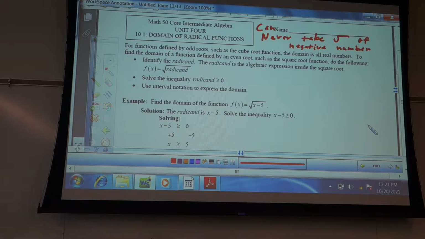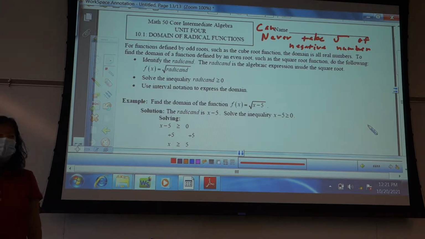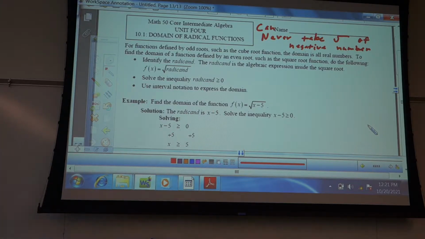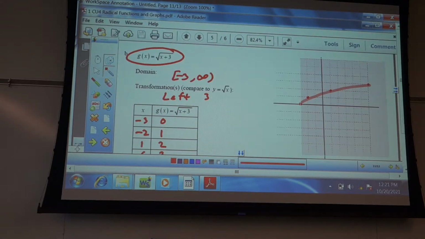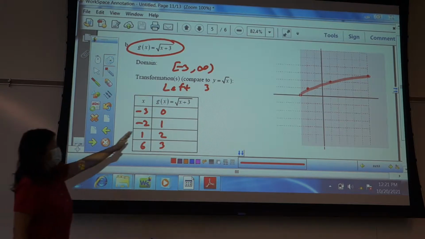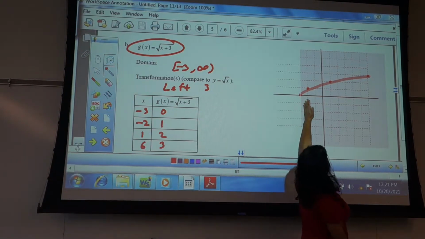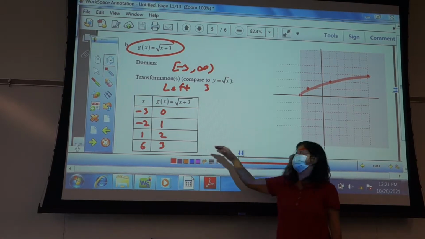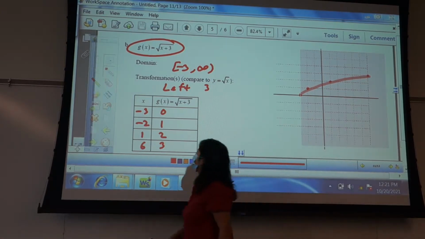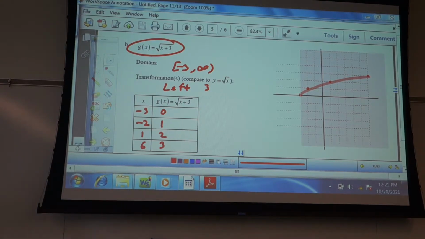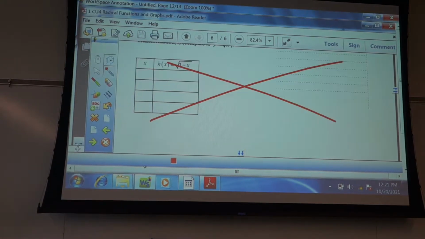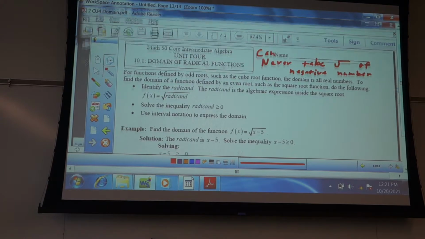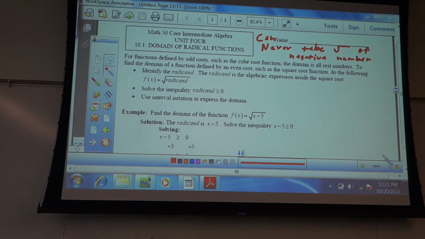Because remember our graph, it was all real numbers. Do you remember the domain and range? Look back at what we just did a little bit ago. You'll see my domain only goes this way, positive infinity. It does not go to negative infinity. So what that means is that you can't take the square root of a negative number.